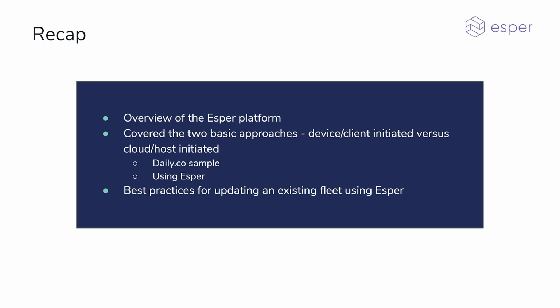Some of the best practices that you can use for updating an existing fleet using Esper is building out groups, using the pipeline capabilities so that you can stage. Esper allows you to have many versions of the same application, so you can control which versions are part of the fleet. That's really key, is Esper gives you fine-grained control of how you deploy the application into your fleet.